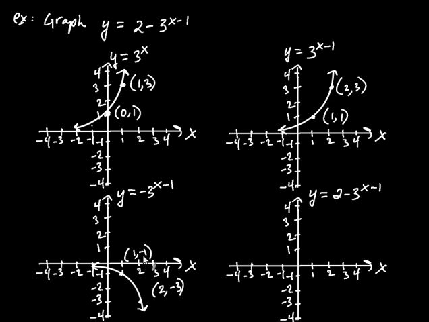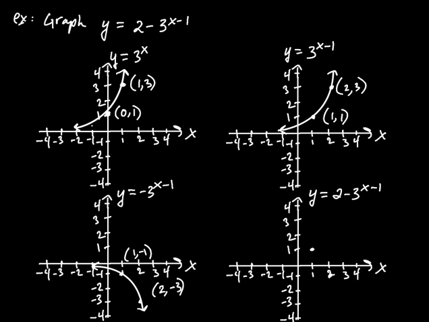So instead of (1, negative 1), we add 2 to the y-coordinate, and it's going to be (1, 1). Instead of (2, negative 3), it's going to be (2, negative 1). And one interesting point as well: instead of the horizontal asymptote being at 0, now we're going to have a horizontal asymptote at 2. So I'll have a horizontal asymptote like this, and the graph is going to look like that.